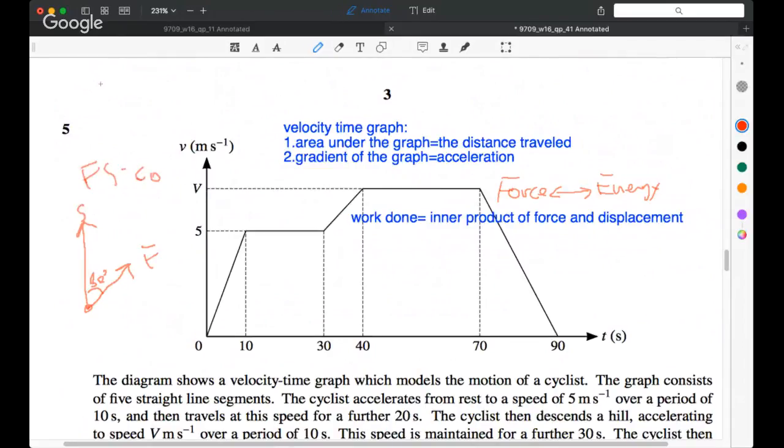So there's an angle here. And that's the interesting thing, because the cosine of 90 degrees is 0. So if a force is acting perpendicular to the direction of motion, it's not doing any work. And that's something that will be used in later questions. And this is one way to relate force and energy through work done.